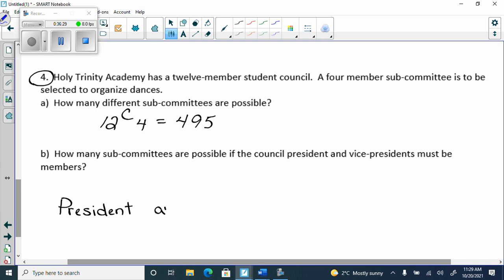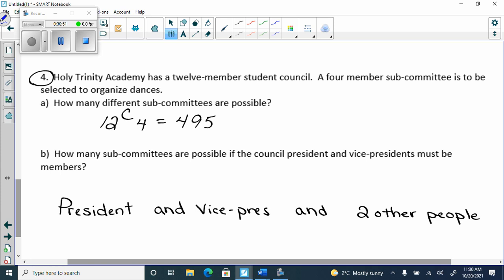I just need to have the president, and I need the vice president, and I still need 2 other people to form this subcommittee. Does this subcommittee have jobs yet? No, it's a 4-person subcommittee. There's no jobs. People will be like, but the president, the vice president, that's jobs.